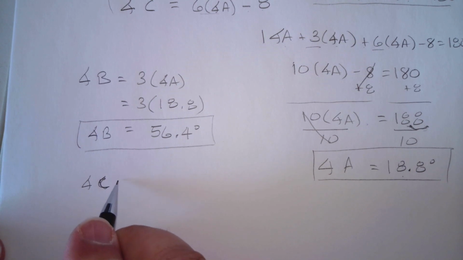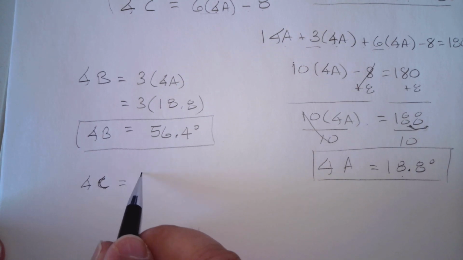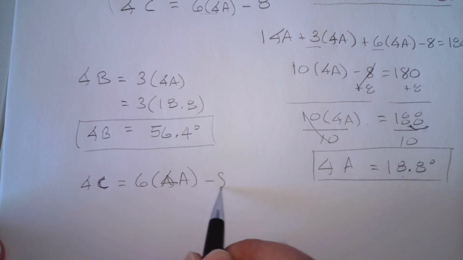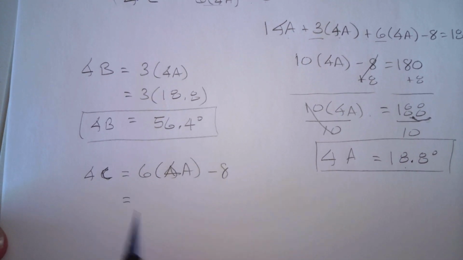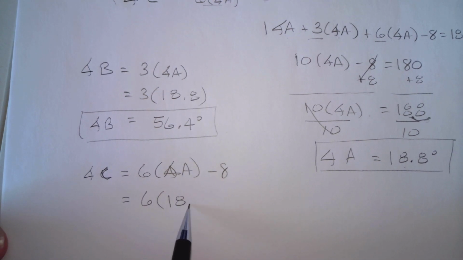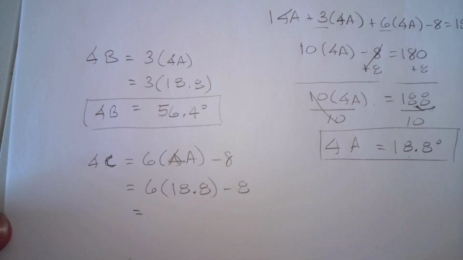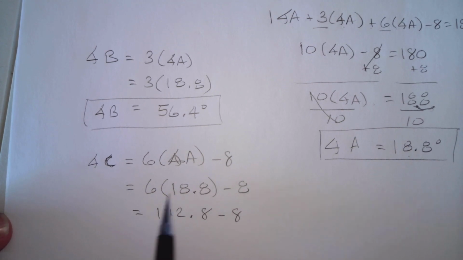Angle C is 6 times angle A minus 8. So 6 times 18.8 minus 8. 6 times 18.8 is 112.8. Now here's what we can do.